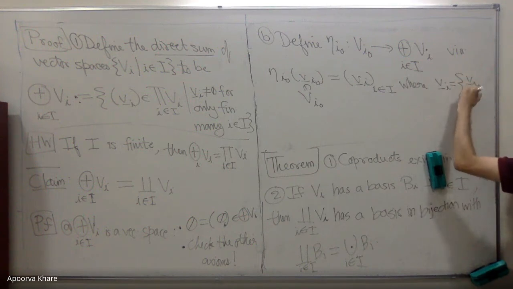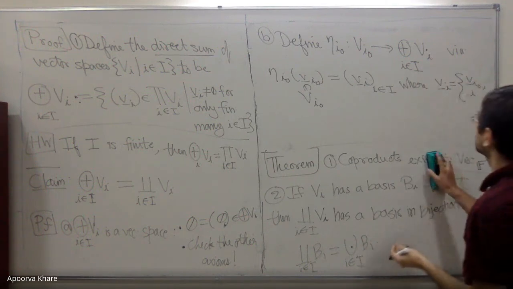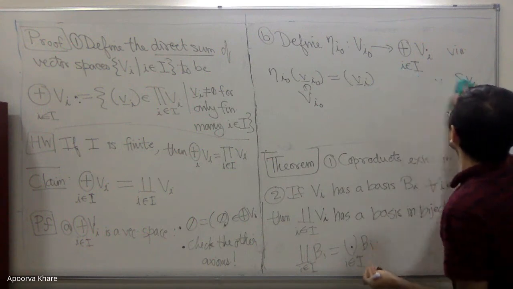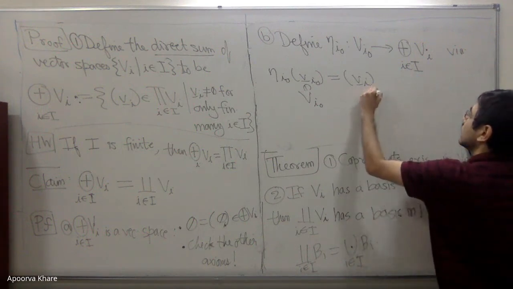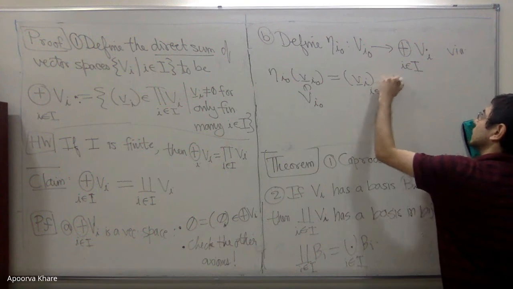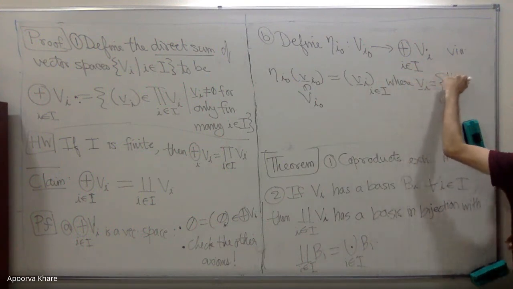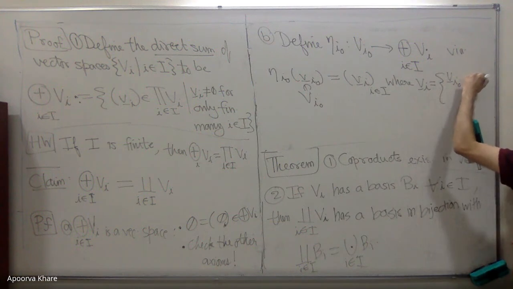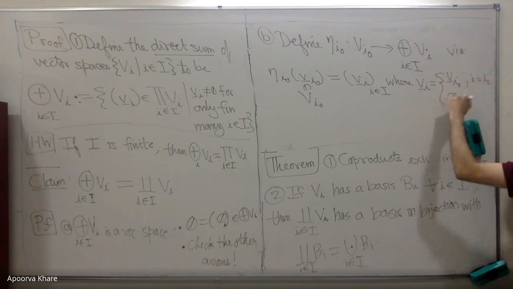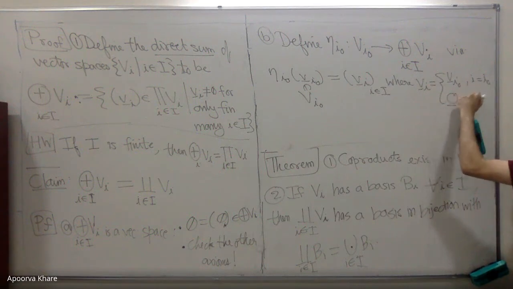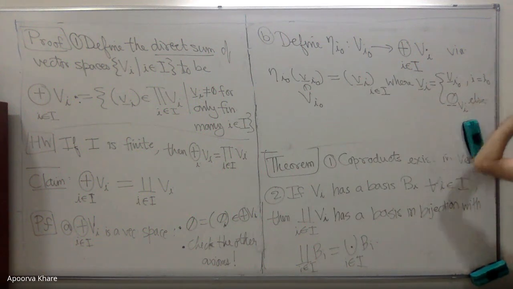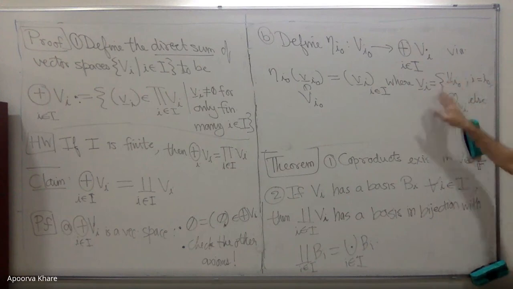So if i equals i0, then it's v_{i0}, otherwise it is 0.